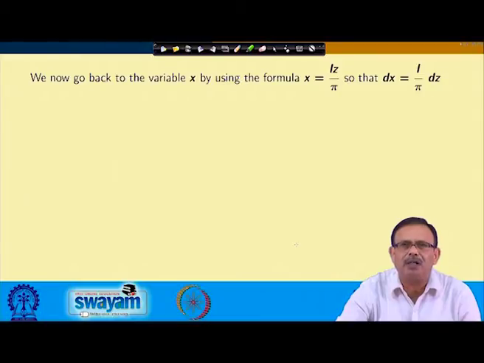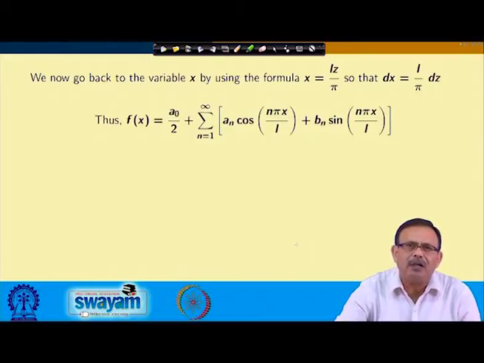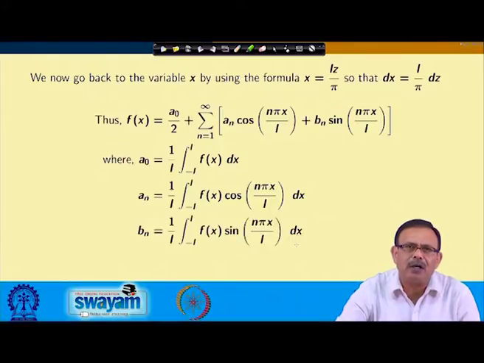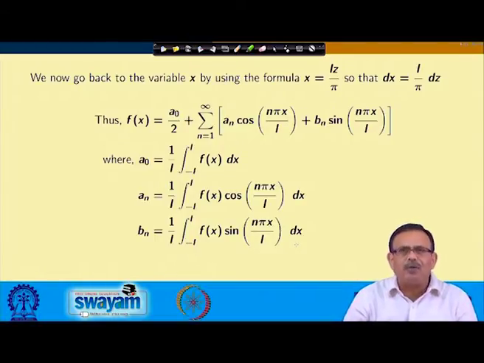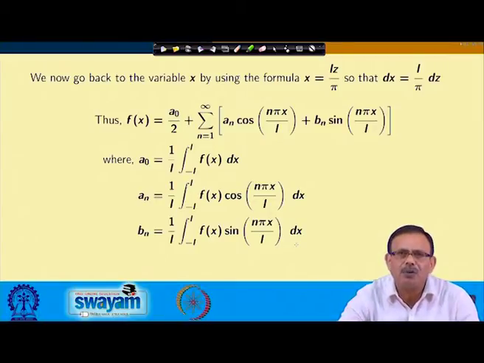So, dx I can represent in terms of dz, and then f x can be written as a naught by 2 plus summation n equals 1 to infinity a n cos n pi x by L plus b n into sin n pi x by L, where a naught, a n and b n are these things which are defined from minus L to L. So, only the change is coming. Earlier, when the function was defined in minus pi to pi, it was simply cos n x. Now, it is cos n pi x by L or sin n pi x by L when the function is defined in minus L to L.